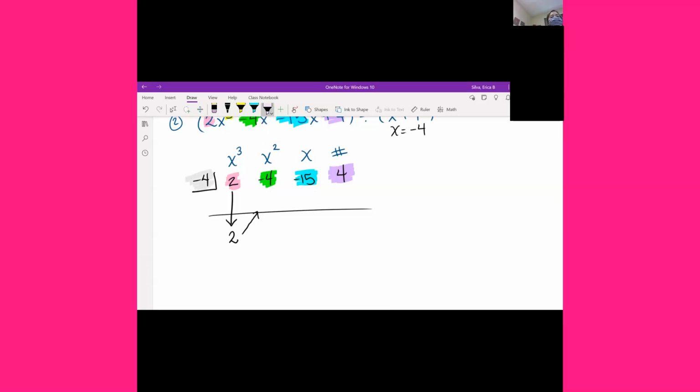Remember, this is the one we're going to multiply all of them by. So we're going to multiply 2 times -4. 2 times -4 is -8. And now we're going to add them. So -4 plus -8 is -12.